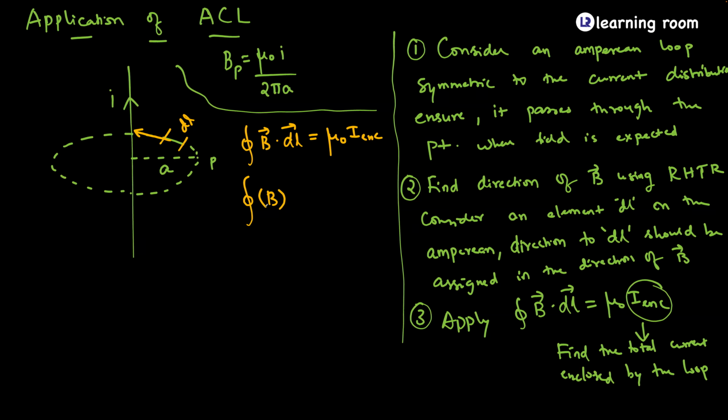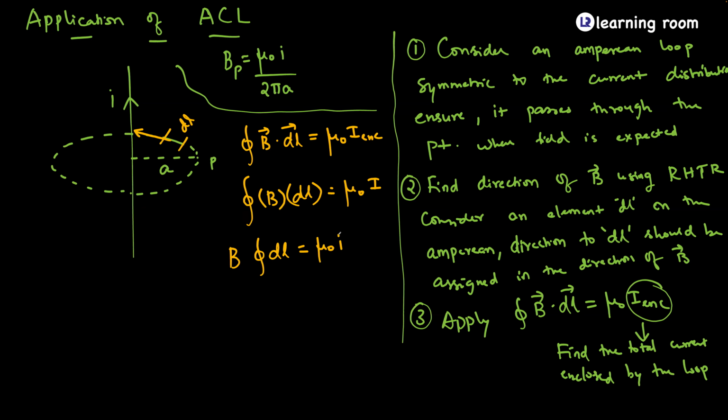It is 0 because we consider dl vector tangential along the direction of B vector itself. So B into dl is equal to mu naught into the total current flowing through this, which is I, right? So you take the point P anywhere on this loop. Since the distance is going to be the same, magnetic field is a constant, so it can be taken out of the integral. So B into the line integral of dl is equal to mu naught into I.